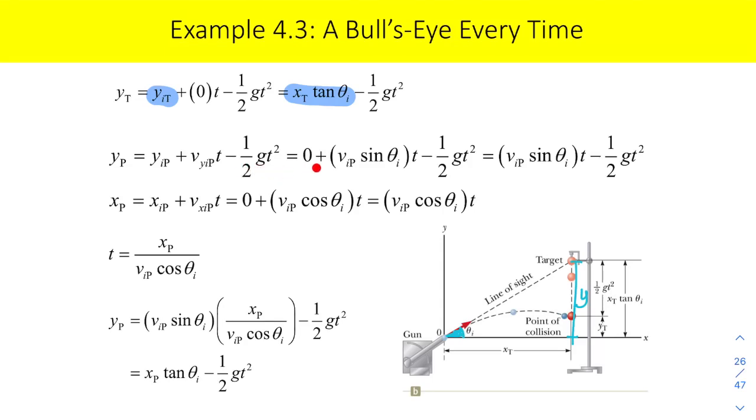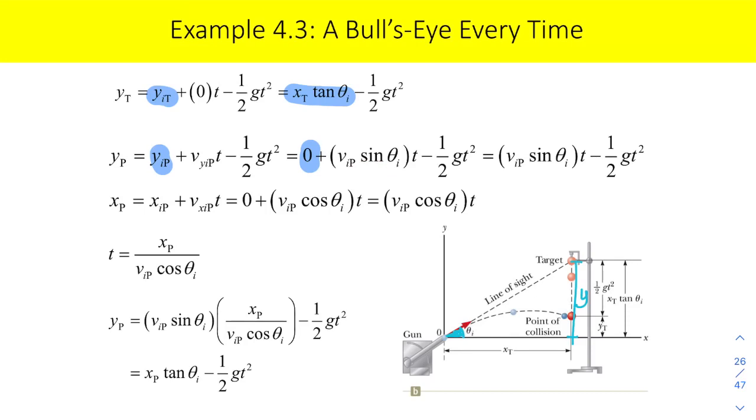Then what we have here: this is the target, and this is the projectile part. Y initial starts from the origin, that is y is 0. Then you have the vy initial of the projectile, which is v initial sin theta.